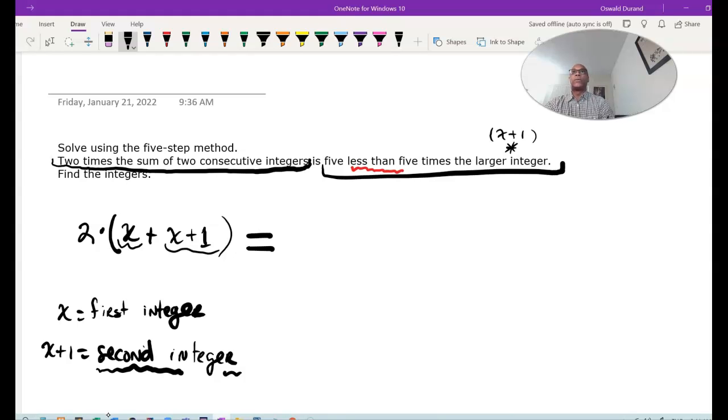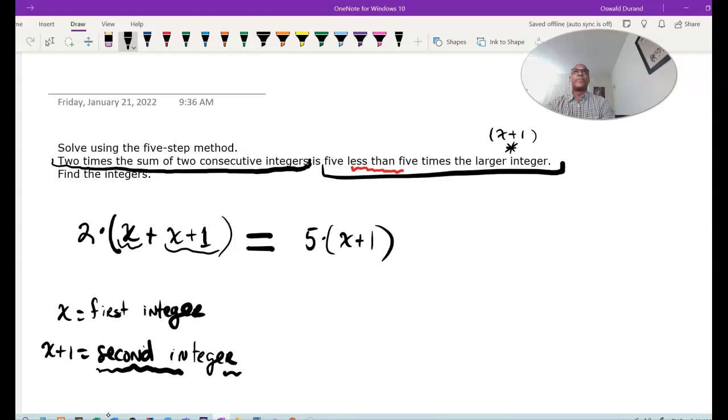Okay? So the second part, after the equal sign, it says 5 times the larger integer, so we're going to put 5 times x plus 1. That is the 5 times the larger integer.